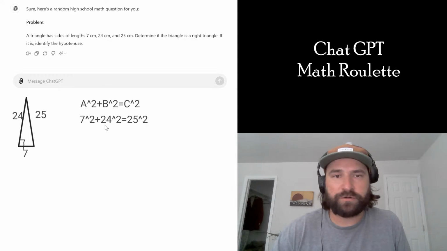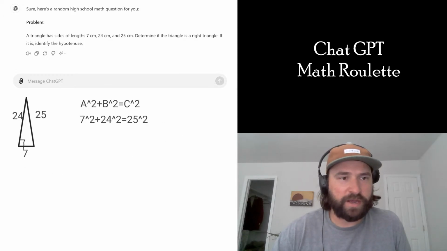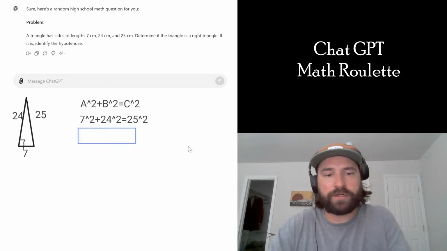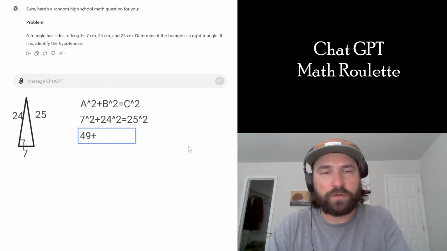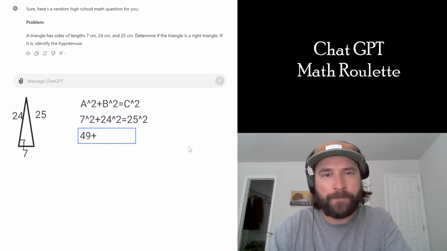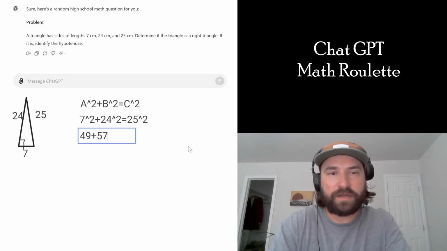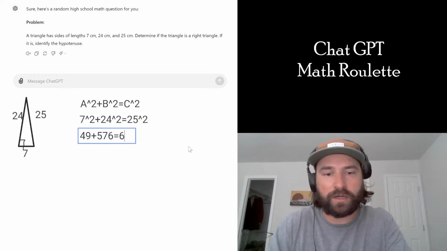Let's see if this is true. If it comes out to true, that means we have a right triangle on our hands. So 7 squared is 49, plus 24 squared, I don't know that one off the top of my head, 576, 576 is what 24 squared is, equals 625.